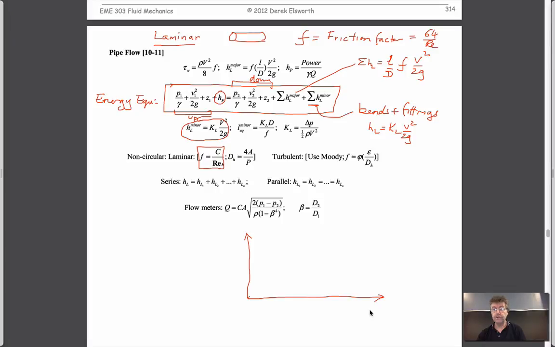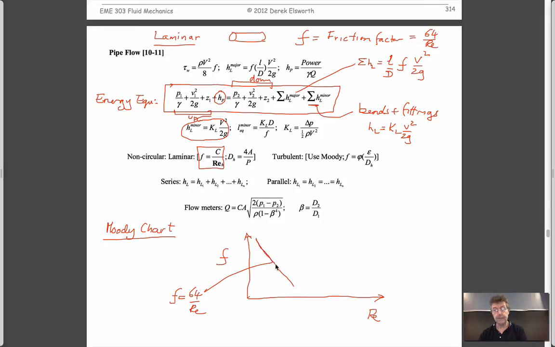So a very important parameter or figure that we'll use is called a Moody chart, named after someone's last name rather than after their attributes, I suppose, or their demeanor. And that is that the friction factor plots as a function of Reynolds number and is typically shown on a log scale, but it will have a curve which is F equals 64 over Reynolds number.